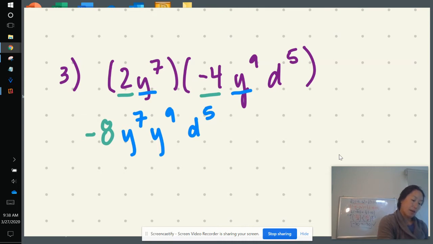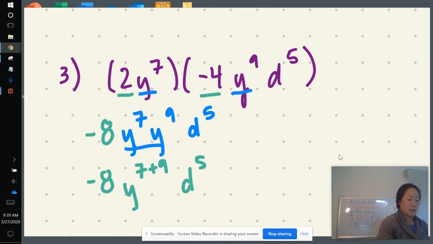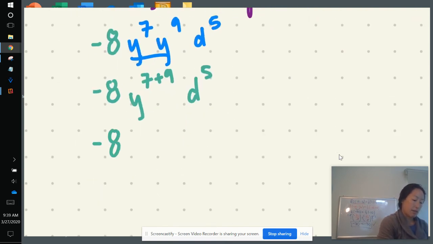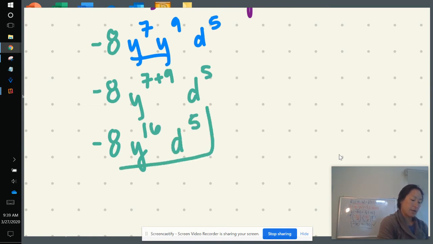So if the bases are being multiplied, I can add the exponents. So I'm going to get negative 8 times y to the 7 plus 9. There's nothing to combine with the d. So I get negative 8 y to the 16, d to the 5th.